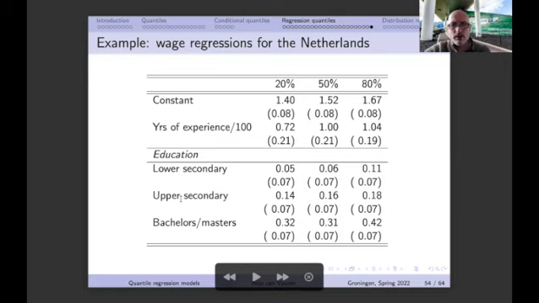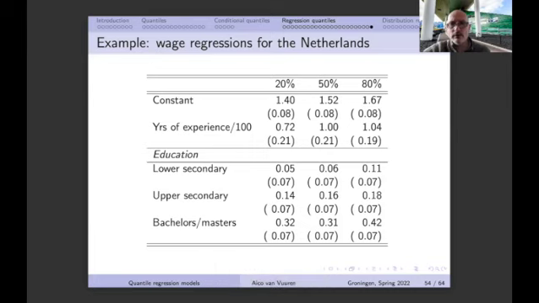We can conclude a couple of things from this. First of all, let's look at the constant. The constant usually doesn't have a very large interpretation, like you usually also have with standard linear regression analysis. But you should take one thing into account, and that is that we see that the constant actually increases along the distribution.